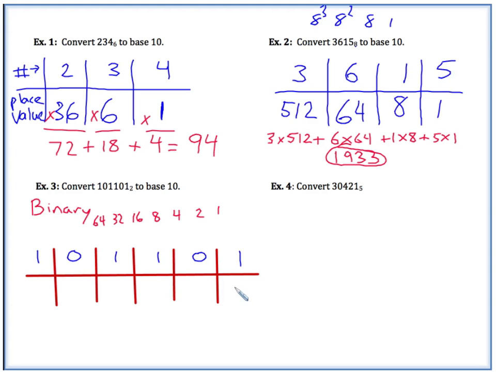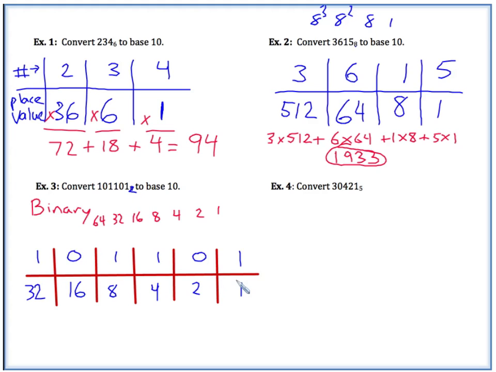And we always start at the right, and then we're just going to write out these place values here. So it's worth 1, 2, 4, 8, 16, and 32. Now this number gets very long because it can only be a 1 or a 0. Those are only digits because we are in a base 2.